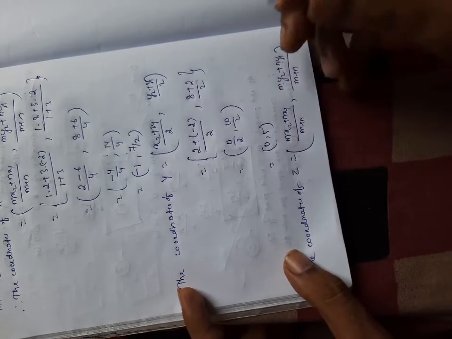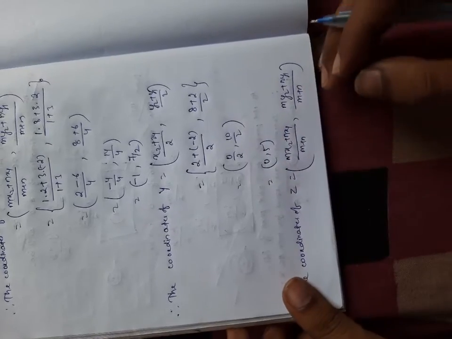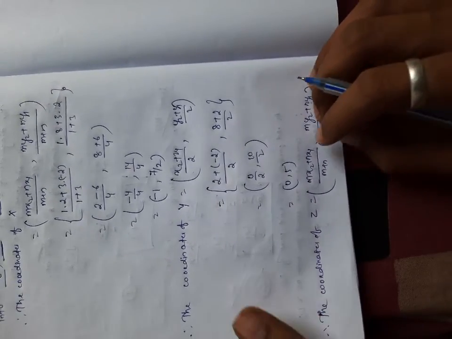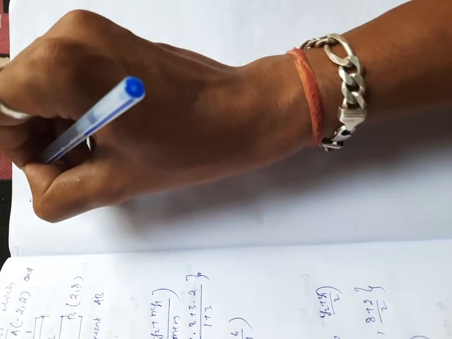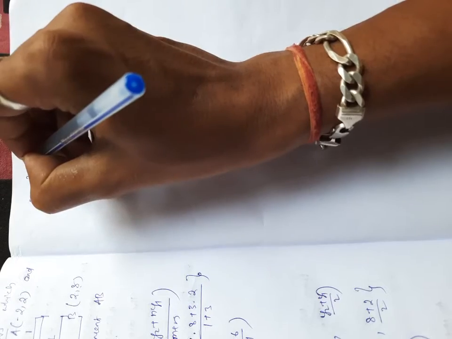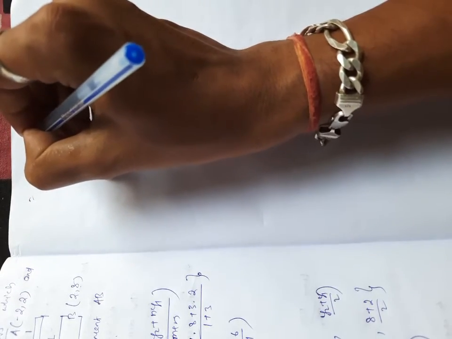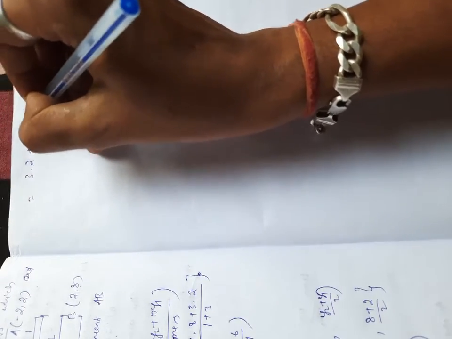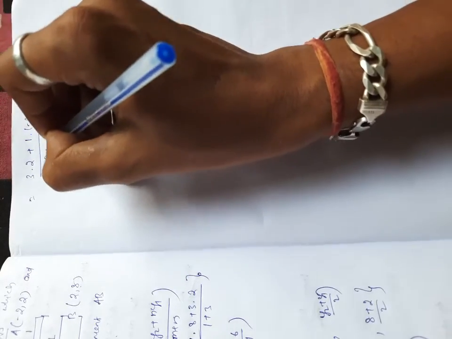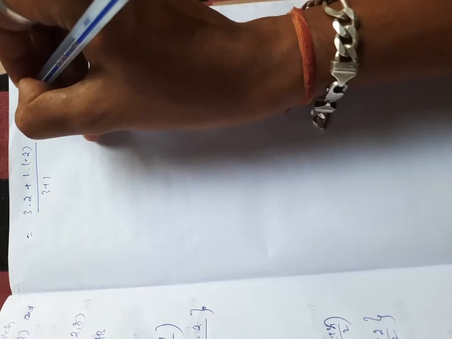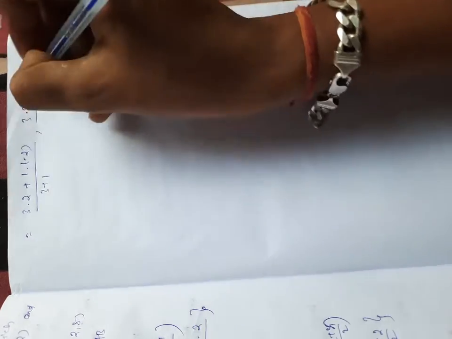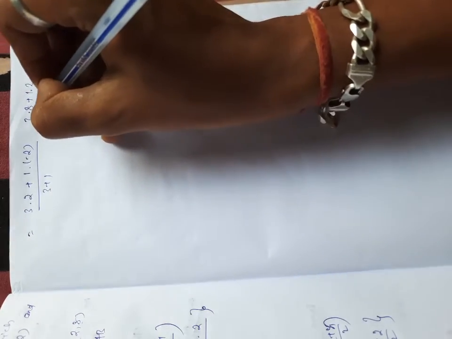So now putting the values of m, n, x2 and x1, we get 3 into 2 plus 1 into -2 divided by 3 plus 1, comma, 3 into 8 plus 1 into 2 divided by 3 plus 1.